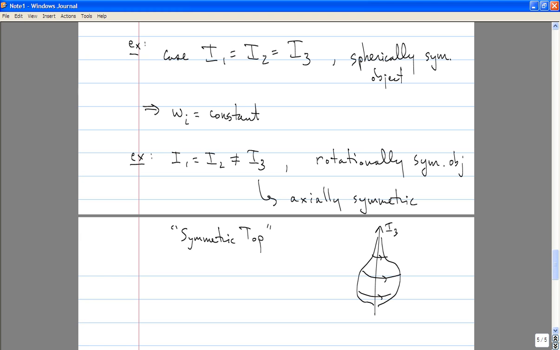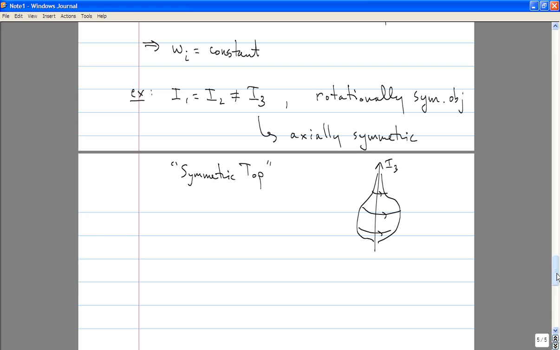Okay, so let me just remind you what Euler's equations were. I1 omega 1 dot was equal to omega 2 omega 3 times I2 minus I3, which is the same as I1 minus I3. Likewise, I2 omega 2 dot was equal to omega 1 omega 3 times I3 minus I1.